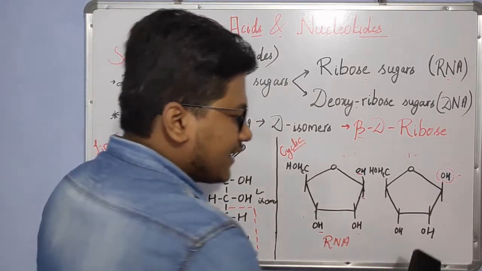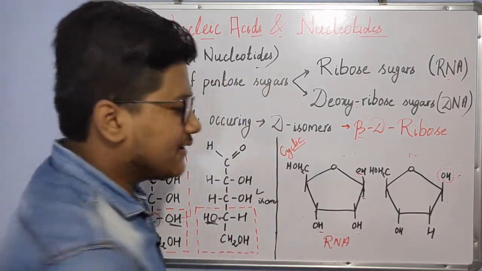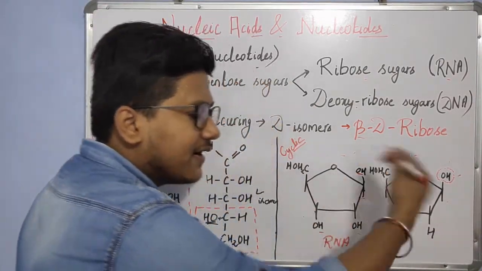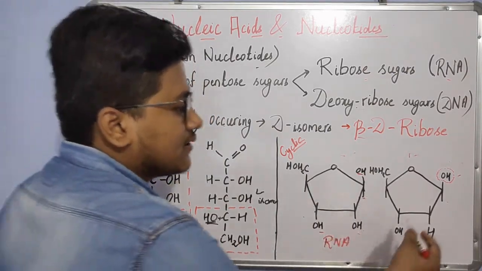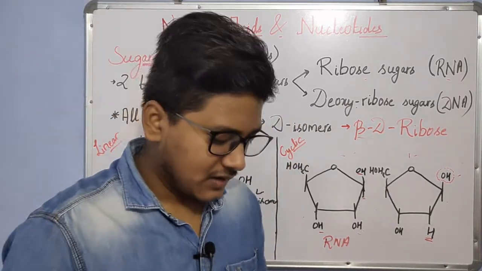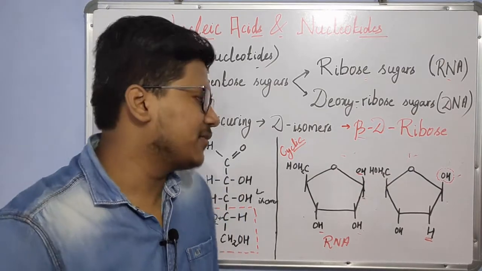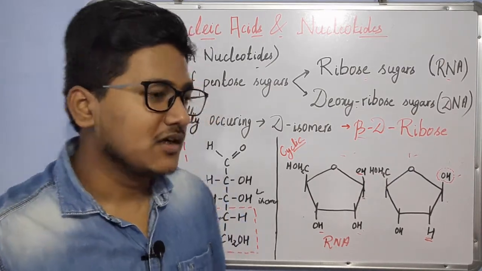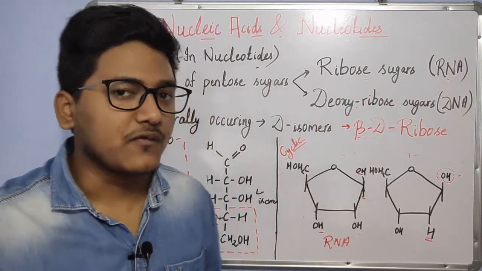But in DNA, the second position lacks a hydroxyl group and there is a hydrogen. The rest is the same as ribose or RNA, and the only difference lies in the OH group at the second position. This may not look significant, as it is just the replacement of one OH group with a hydrogen atom, but it is very significant from the stability point of view.